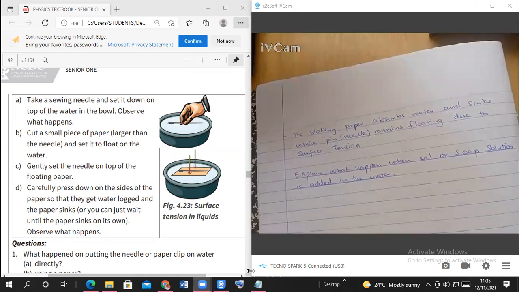Why does it sink? Because the surface is no longer thin and elastic. Why does the soap or the oil, what does it do to the surface of the water?